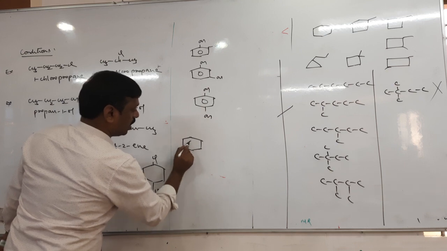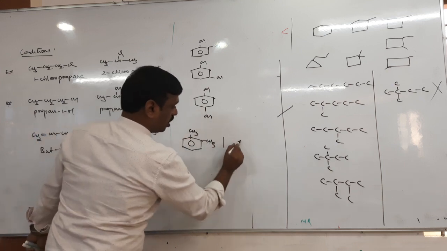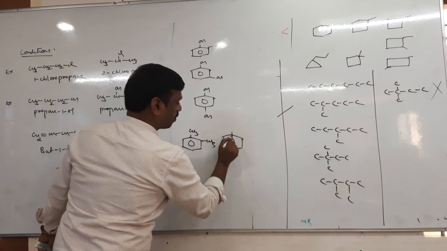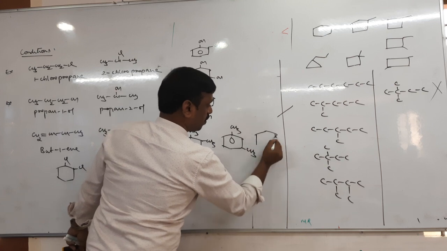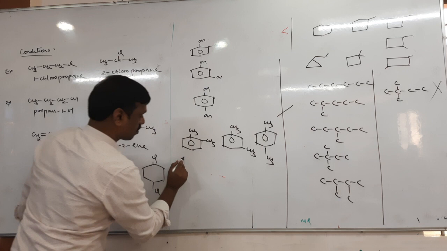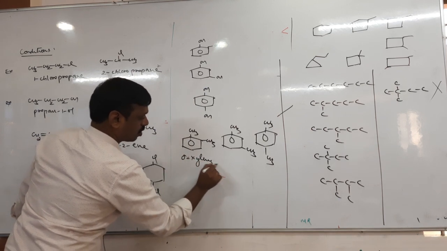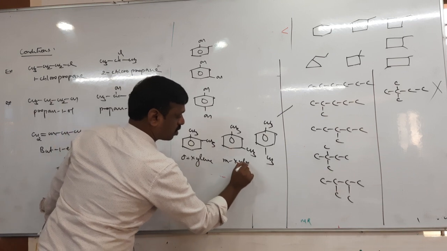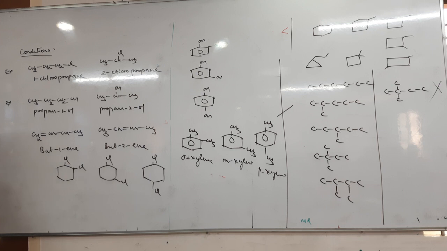Tell me, xylene: 2 methyl groups are adjacent in ortho-xylene. In meta-xylene, 2 methyl groups are meta to each other. Para-xylene. Ortho-xylene, m-xylene, p-xylene. So you can write many more examples. They are examples for positional isomers.